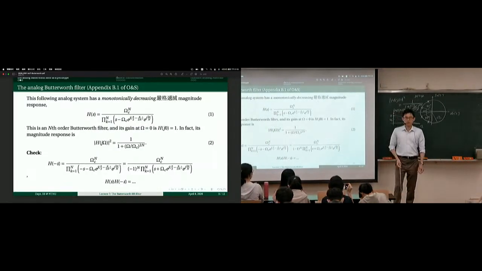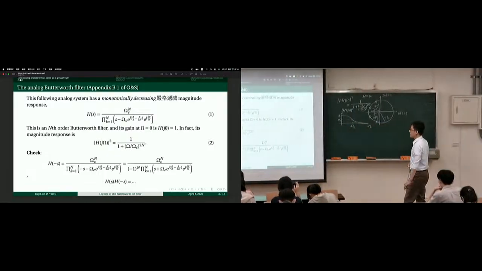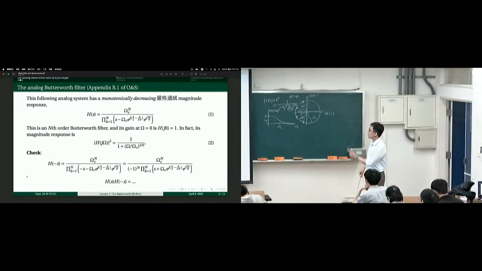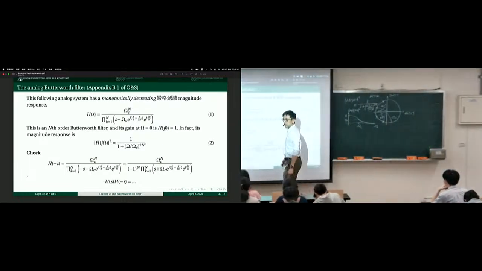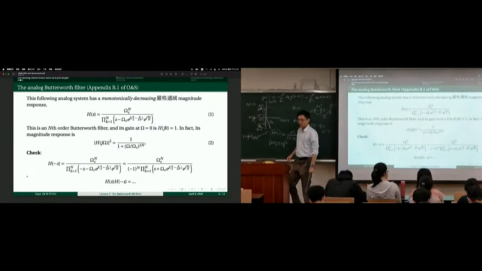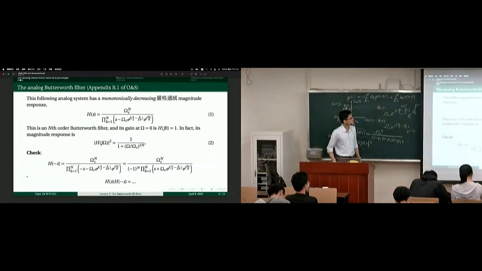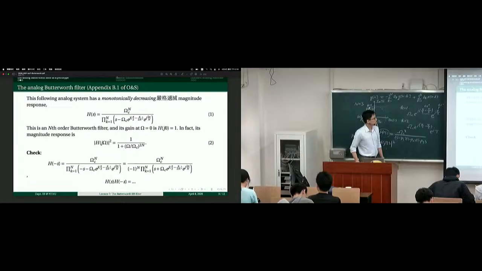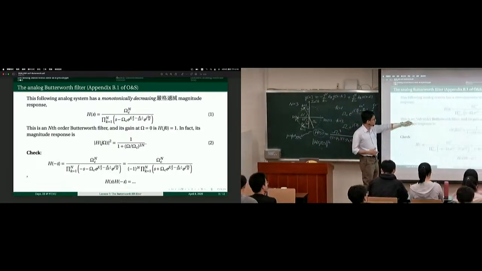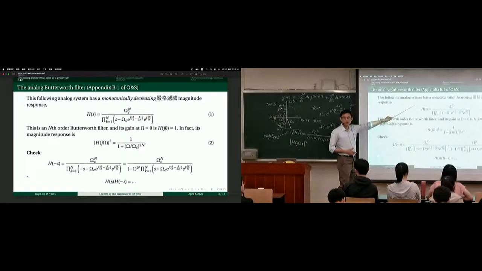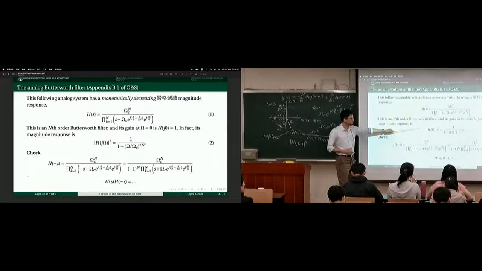It is a low-pass filter, and it's so important that we call this filter Butterworth. Maybe today or maybe next week we will derive why this is the case. This looks complicated, but we can show that its magnitude square really is that simple.